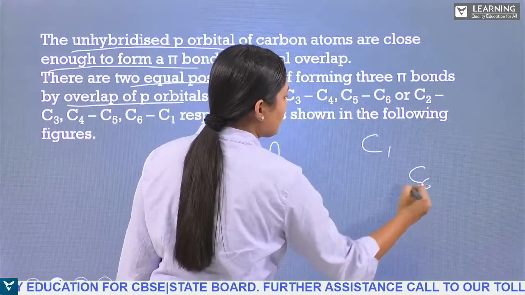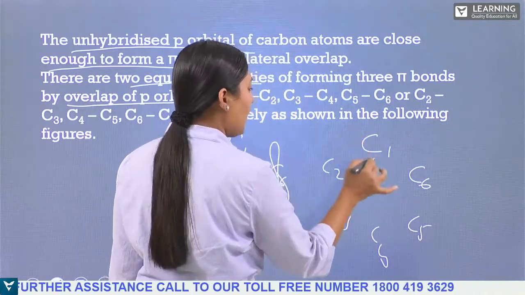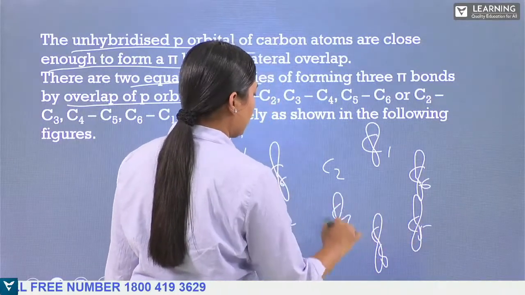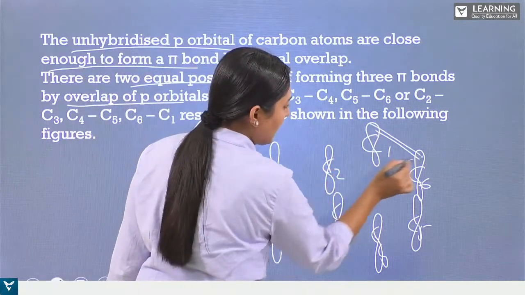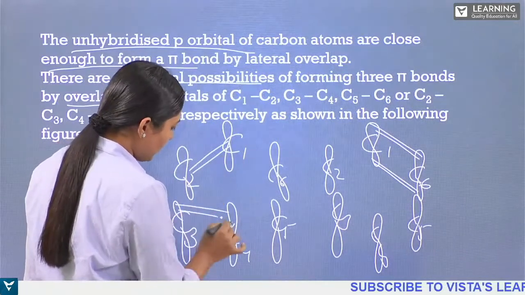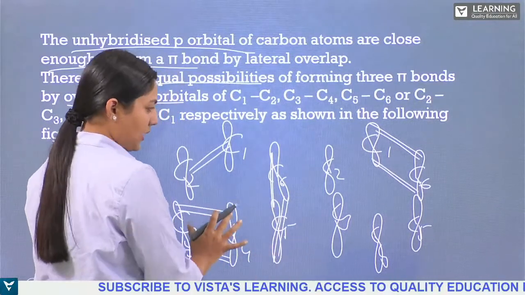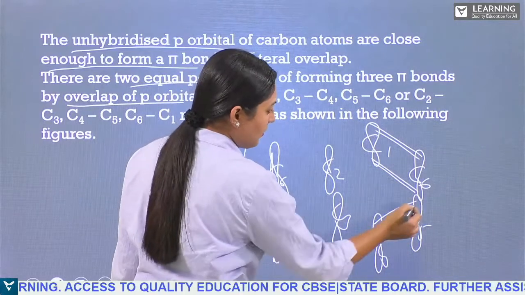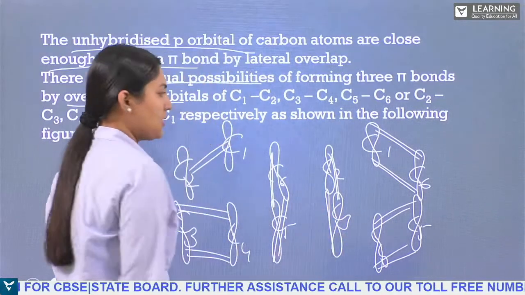Now the bond can be overlapping via two methods, right? Either C1, C2, then these two get overlapped and these two overlapped like this. This is one type, and the other type is that they will be overlapping for C1 and C6, and hence these get overlapped in this manner.